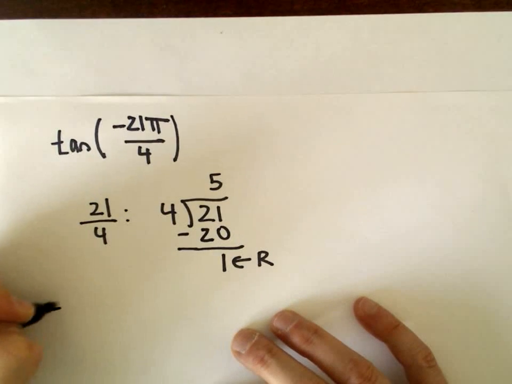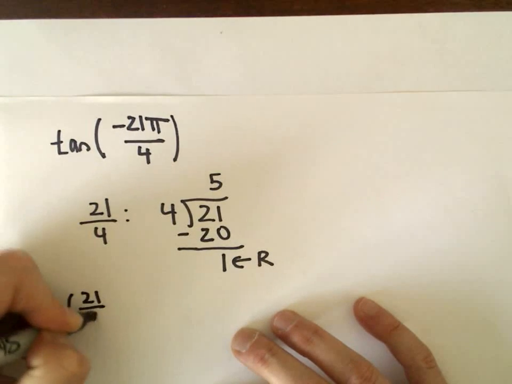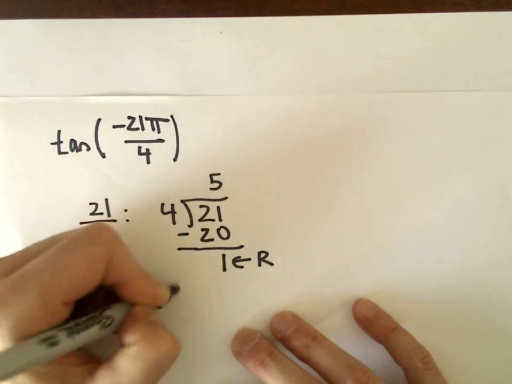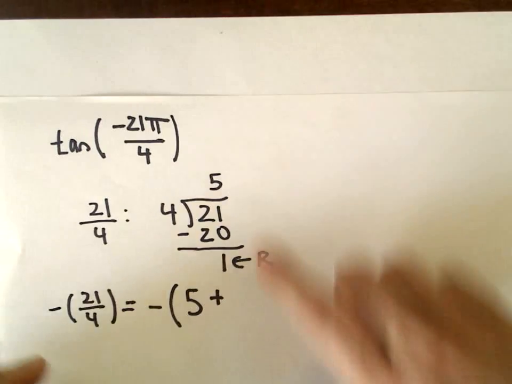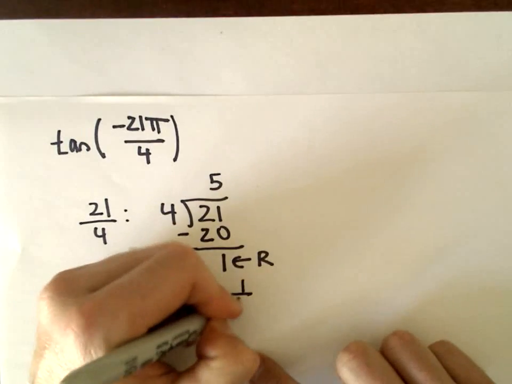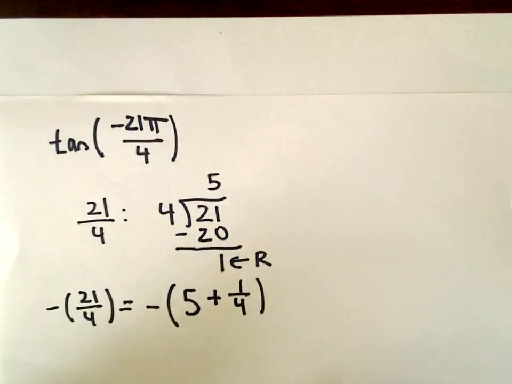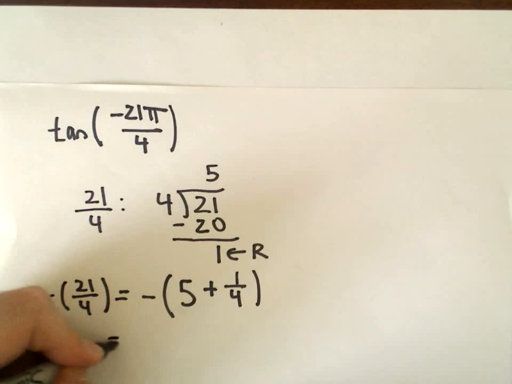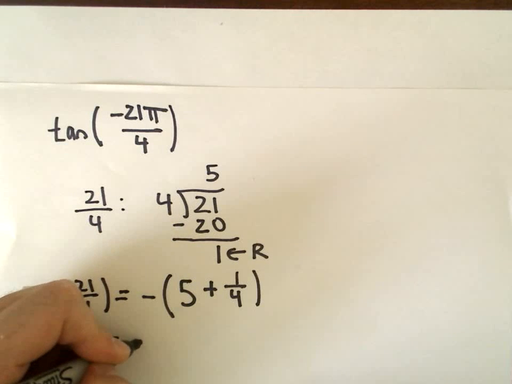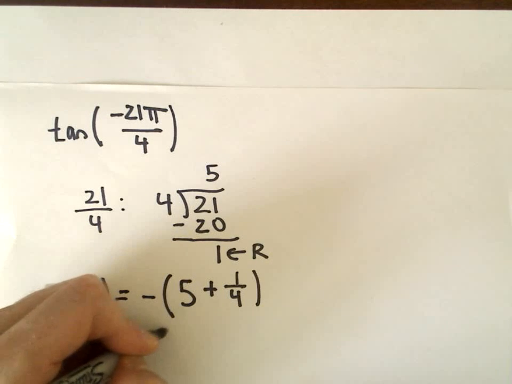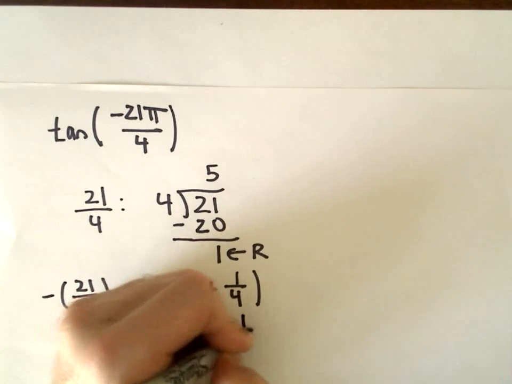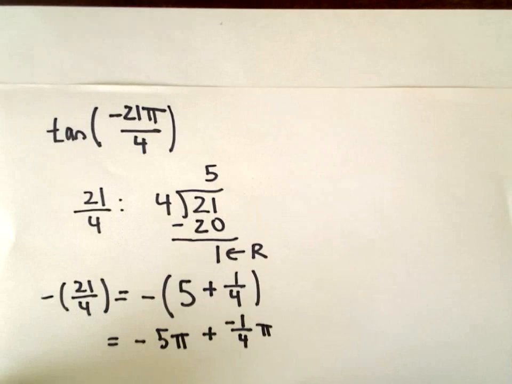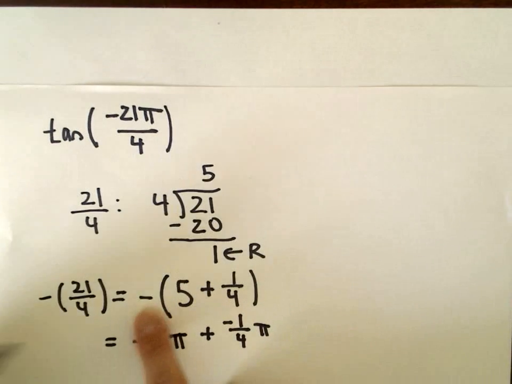So negative 21 over 4, I can write that as negative, well, it went 5 times plus another 1/4. So if I put a pi in there, that's going to correspond to negative 5 pi plus another negative 1/4 pi. Okay, so you can imagine distributing the negative.